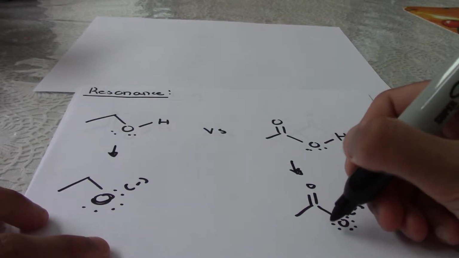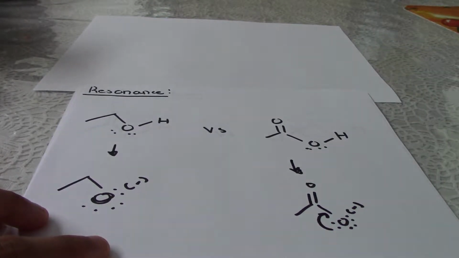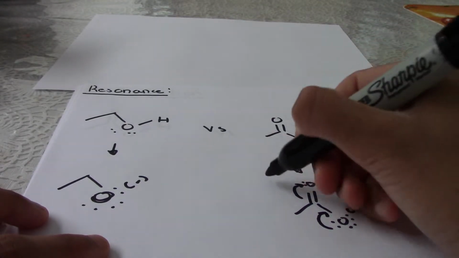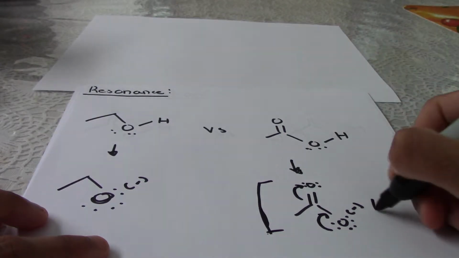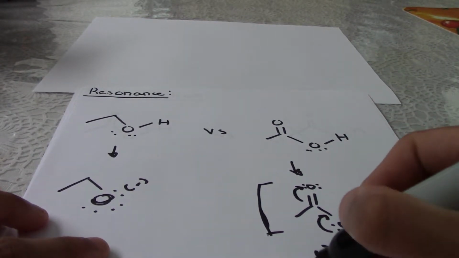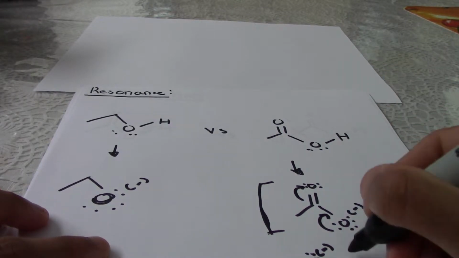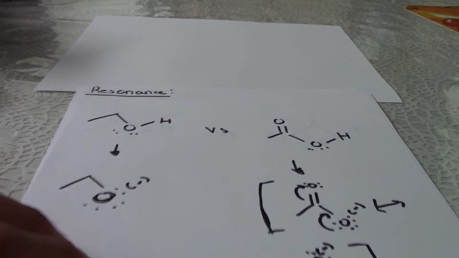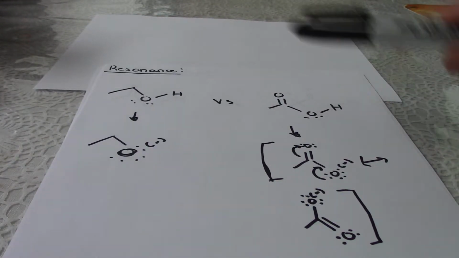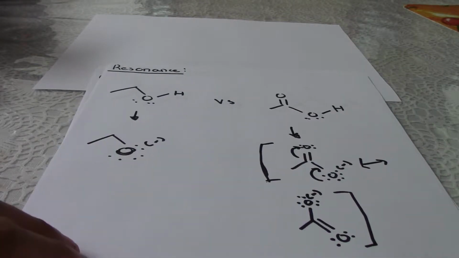Exactly how this has resonance, as I'm going to review again, is over here. Remember, we use our proper resonance notation, like that. So since this has resonance and this doesn't, this is more acidic. That's actually it for resonance.